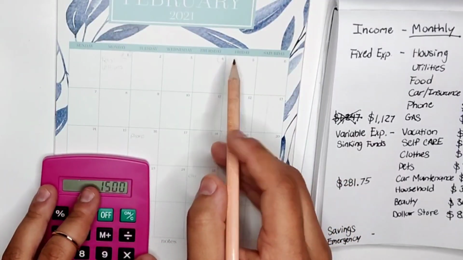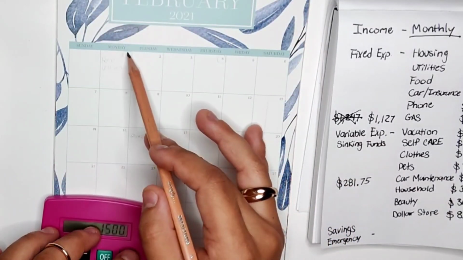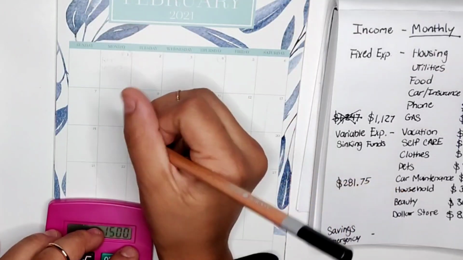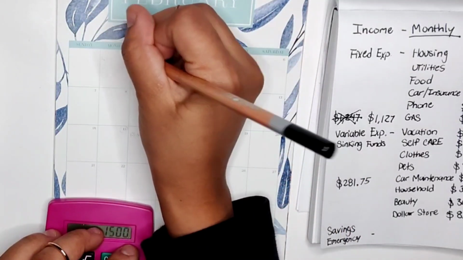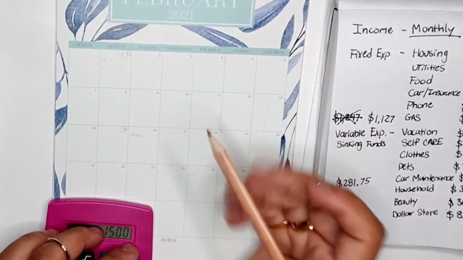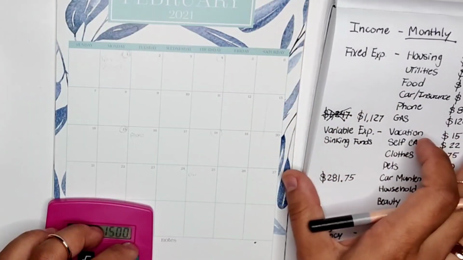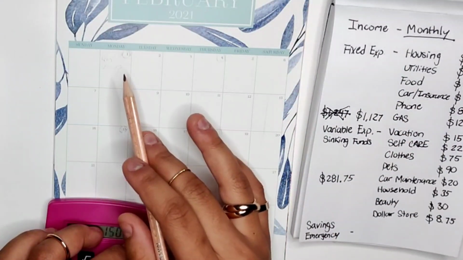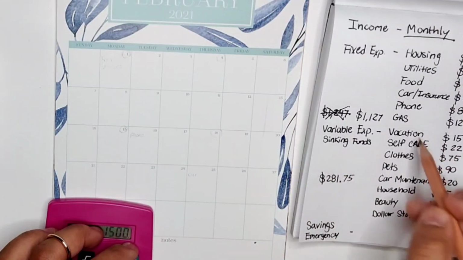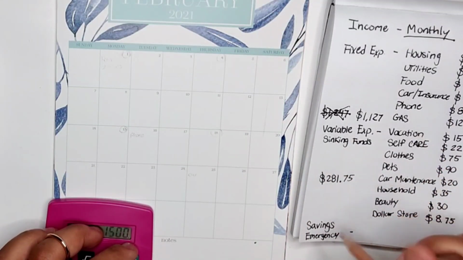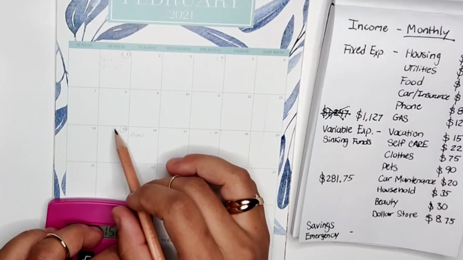So let's say that you get paid on the 1st and the 15th of February. So now to figure out how you would take care of all your sinking funds and your emergency on those 2 paychecks.